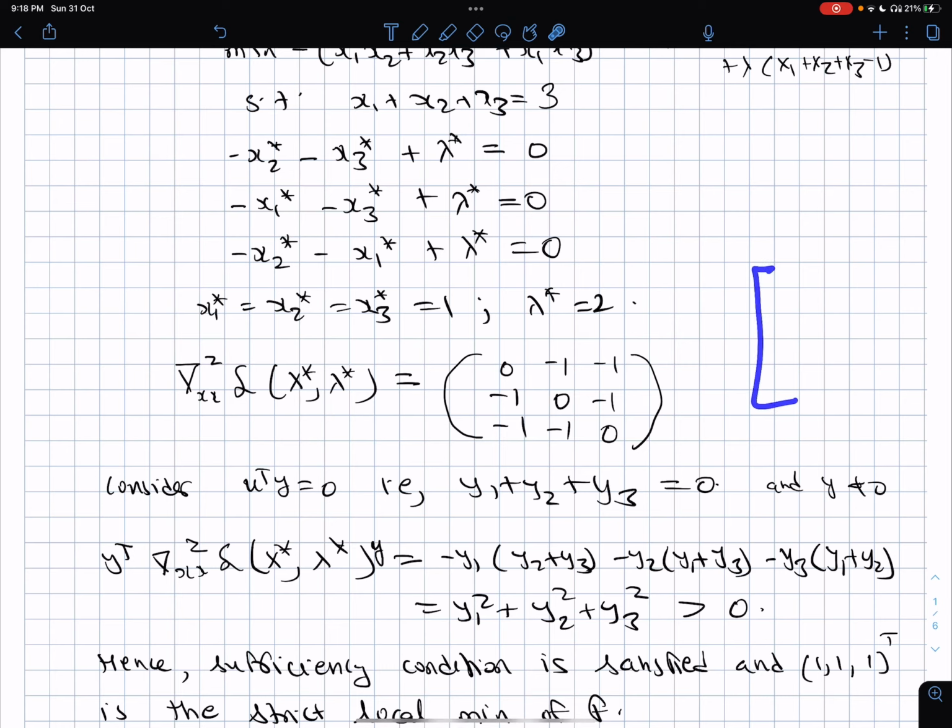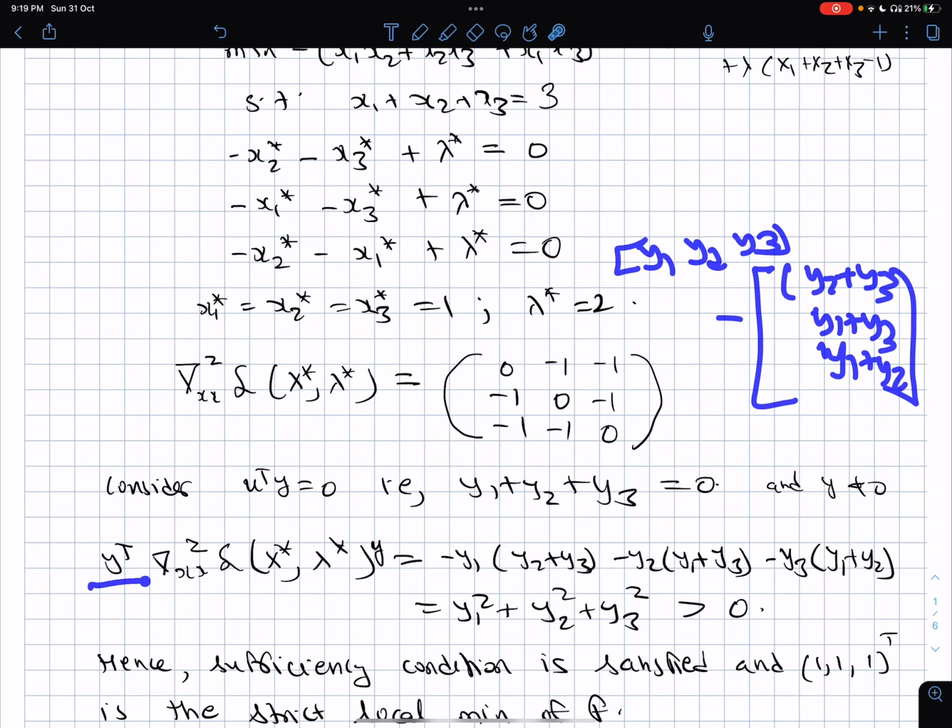And this vector is to be multiplied from here by y1, y2, y3, this vector here. So then you will group this term with this term.